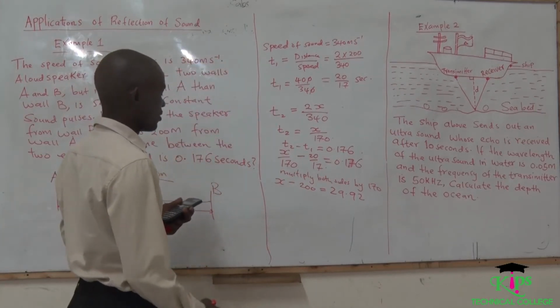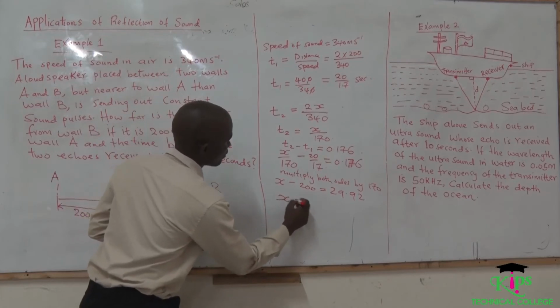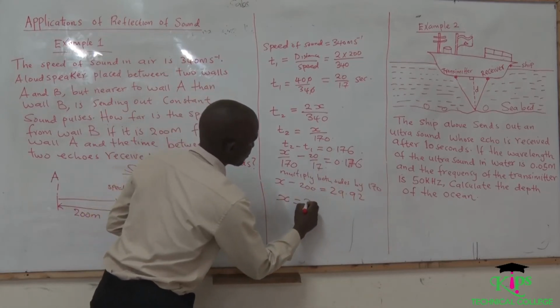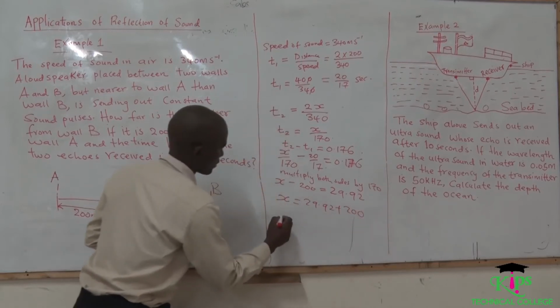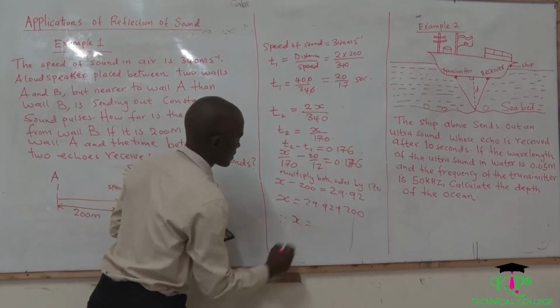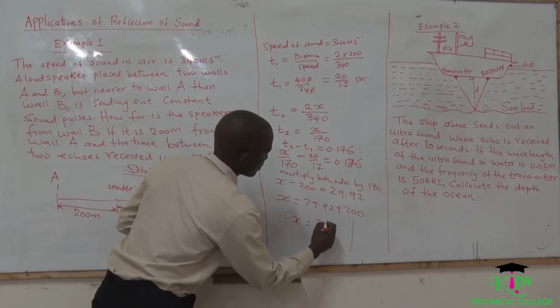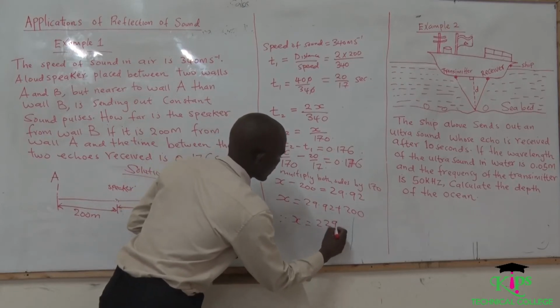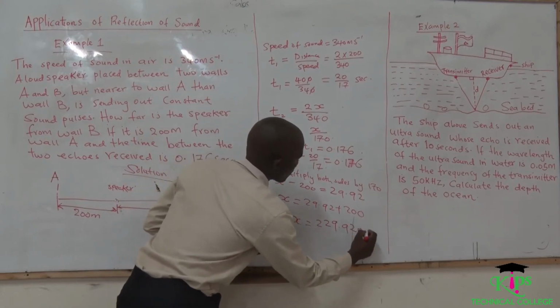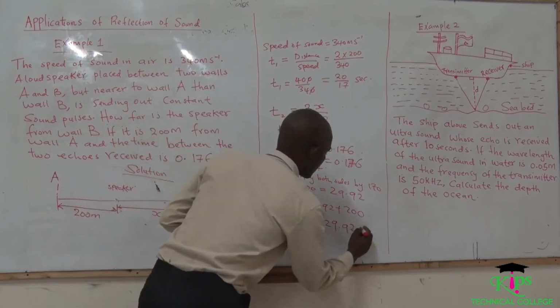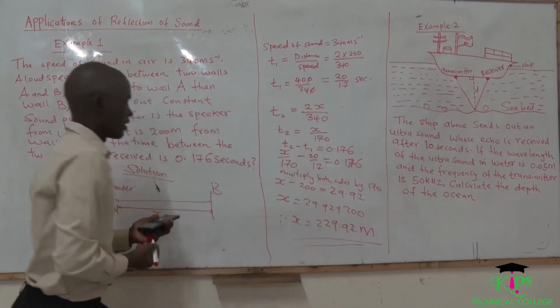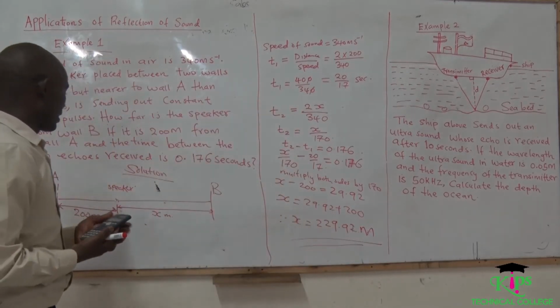Then of course now, your x, you'll have to take this one to the other side. It will be 29.92 plus 200. So therefore your x becomes 229.92 meters.